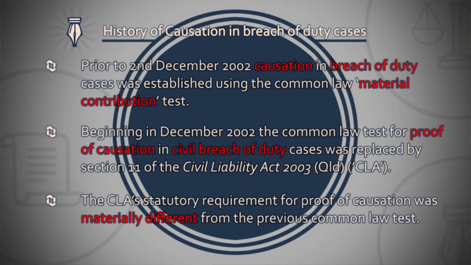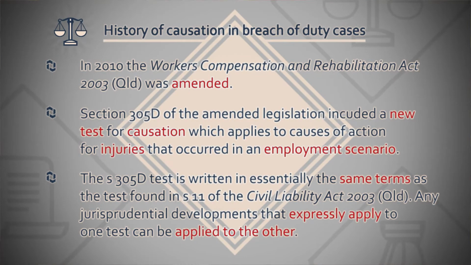That provision, applying to breaches of duty, prescribed various matters which, as Greenway evidences, is quite at odds with the test for causation at common law. It was followed later, indeed as late as 2010, but applying only to causes of action for personal injury in an employment scenario, that is, by injured worker against employer, by amendment to the Workers' Compensation and Rehabilitation Act 2003.